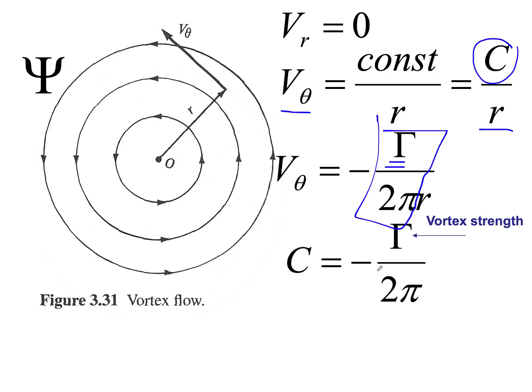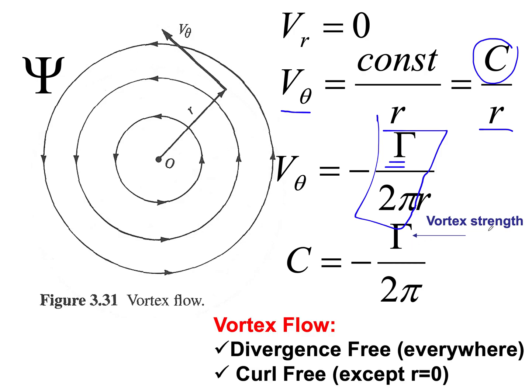So minus gamma over 2 pi, where the circulation would be our vortex strength. So the stronger the vortex, the stronger the gamma, which means it's going to rotate faster. That's what we're saying.